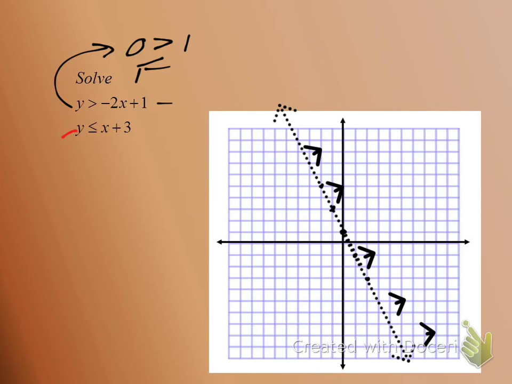Second one I'm going to do in red. So that one we're going to start where? A 3. And how does that guy move? Up 1, right 1. Could also move how? Down 1, left 1. Good. What type of line? Solid.